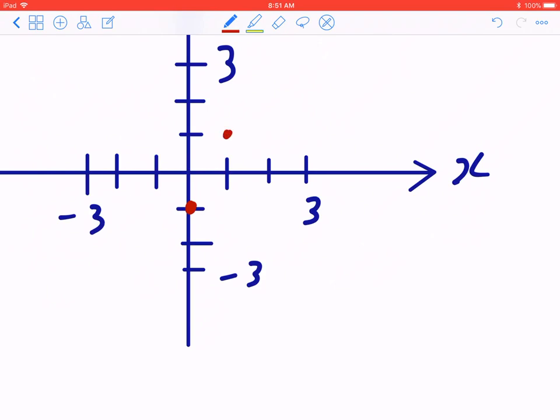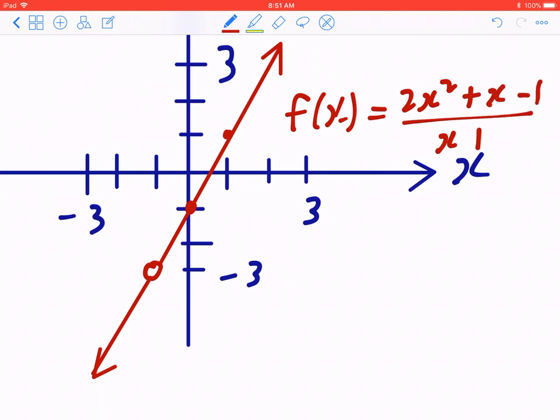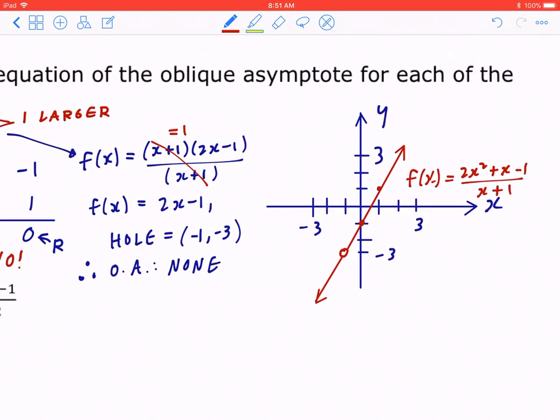You go down by 2, you go left by 1, and you keep going. And when you connect them, the graph looks something like that. And of course, let's label this: f of x equals 2x squared plus x minus 1 all over x plus 1. The hole is right there, located at negative 1, negative 3.